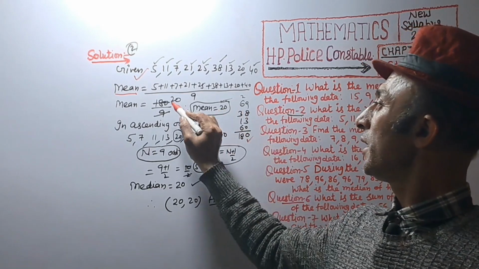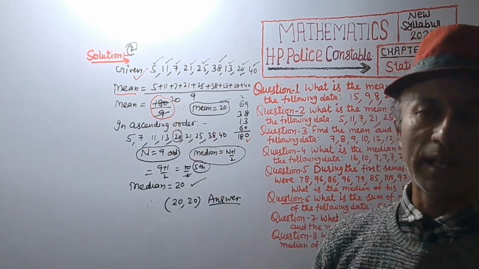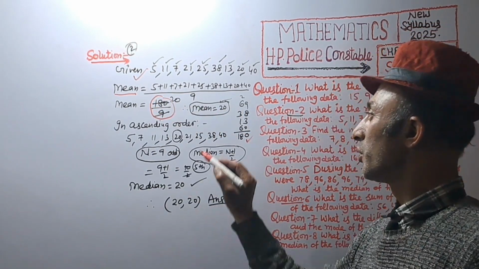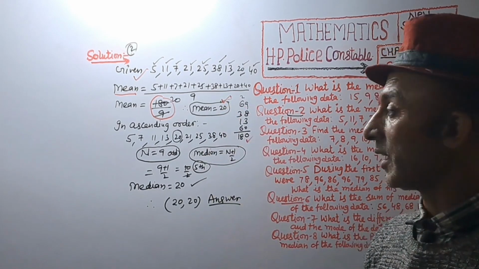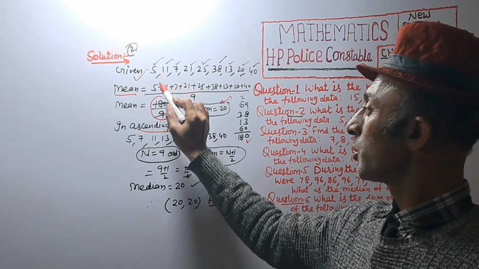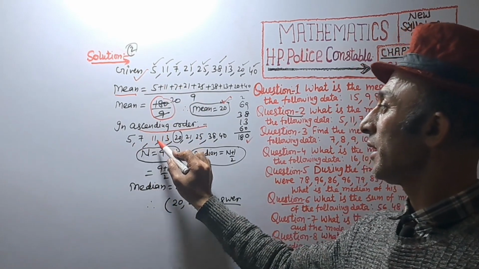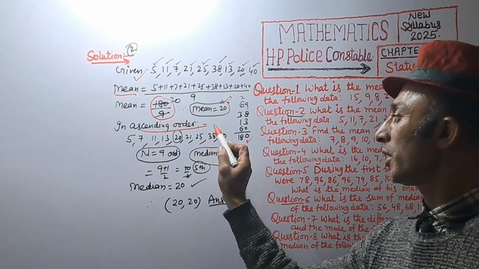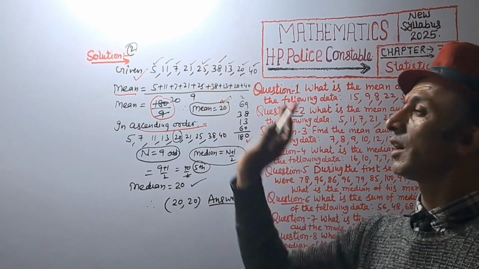Their sum equal to 180 and 180 divided by 9 is equal to 20. So mean is equal to 20, and we are arranging in ascending order. First the smallest number is 5, then 7, 11, 13, 20, 21, 25, 38 and 40.